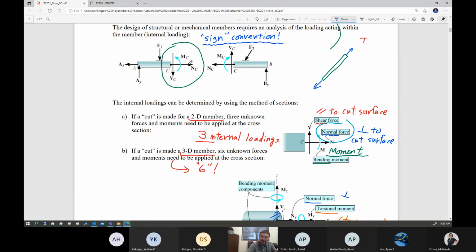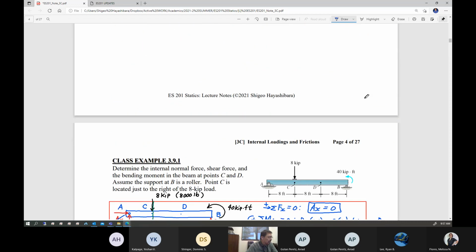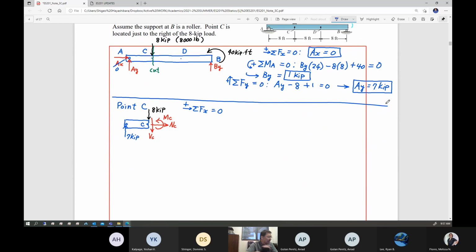Tensile is positive. So if you get the negative sign, this is compressive force. Shear force going down is positive. Shear force may be going up; if so, you get a negative sign. And bending moment this way is positive. If you get a negative value, you're actually having the opposite bending moment. So that's what I'm doing here.